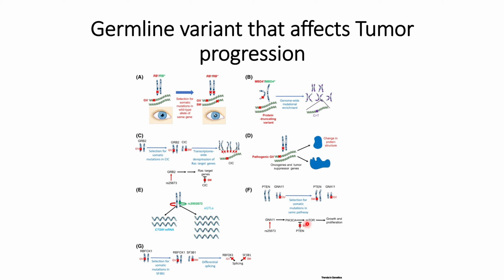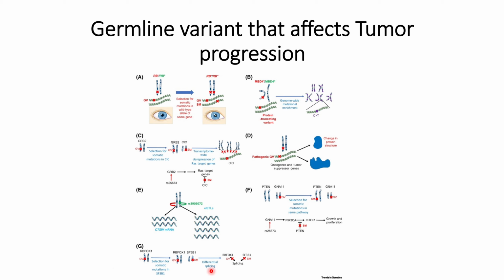In case of this somatic mutation, P10 becomes non-functional, and this upregulation of GNA1 will lead to the growth and proliferation of these cells, or in this case the tumor cells.